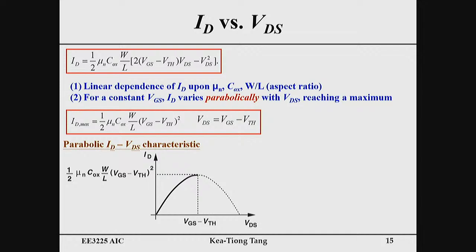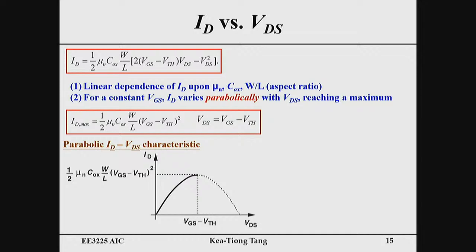But gradually, the drain current will reach a maximum right here. Okay? And the maximum happens when VDS equals VGS minus VTH. And if we keep increasing VDS, it might look like this, or like this. But actually, it will not. That's why here it has some dotted line.